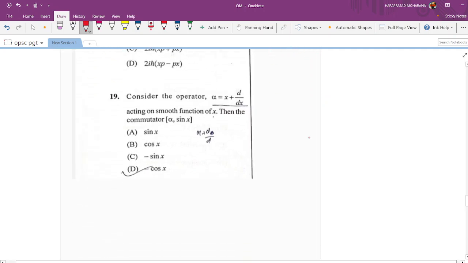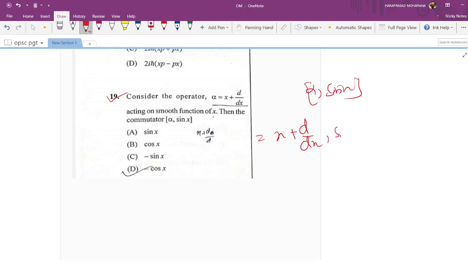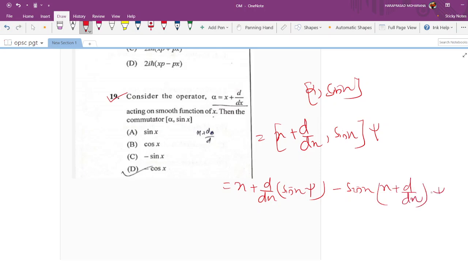And in question number 19, we have alpha and sin x. The commutation is asked. So alpha is x plus d upon dx, and sin x. Whenever this type of question is asked, you just operate on some wave function. I am operating it on the wave function psi. So you will get x plus d upon dx acting on sin x psi, minus sin x times x plus d upon dx acting on psi.